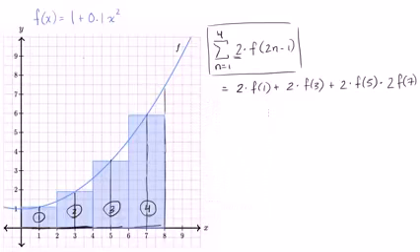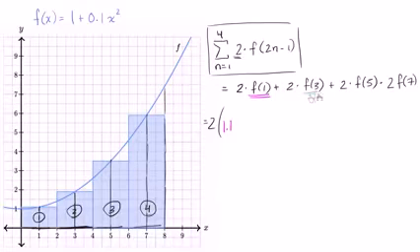Actually, we could factor out a 2. So this is equal to 2 times f of 1, which is 1 plus 0.1 times 1 squared. So 1 plus 0.1 is 1.1.